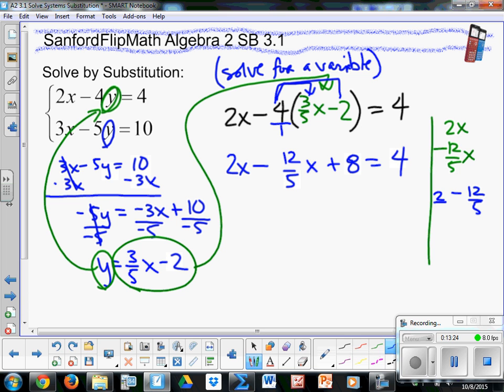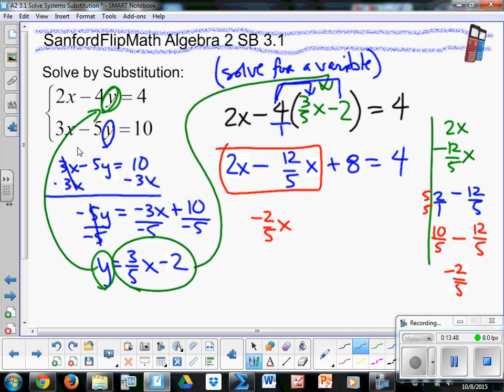Well, this is currently over 1, so I'm going to multiply the top and bottom by 5. So this ends up being 10/5 minus 12/5, also known as, Mr. Sanford, that was a lot of work. Yep. Well, there is an expectation that you're going to remember how to do stuff, and if not, we'll have to fill in the blanks as we go along. Okay, so this is negative 2/5 x plus 8 equals 4.